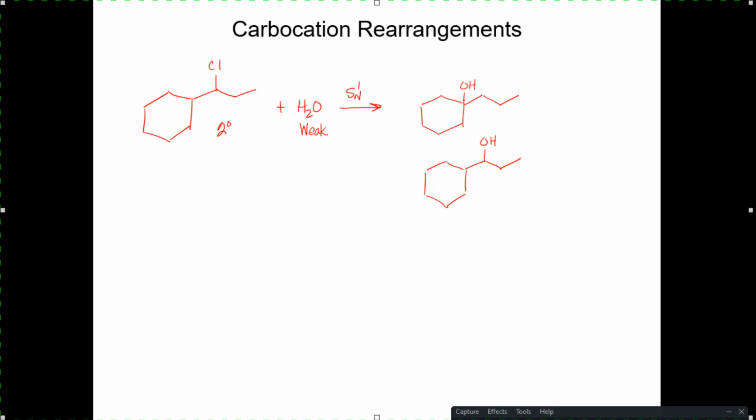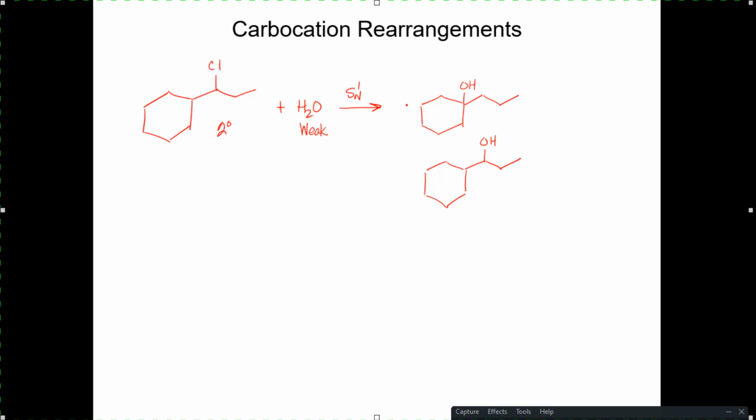But we would actually see some of this product formed. And so the question is, where does this product come from? Number one, it's a rearrangement because the OH is not attached to the carbon that was originally attached to the leaving group. It's attached to a carbon next to that.